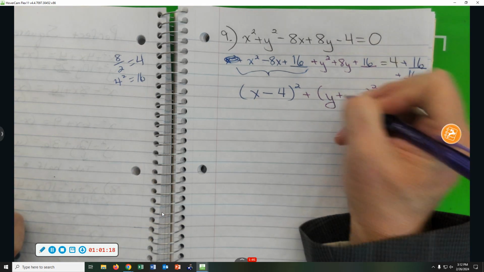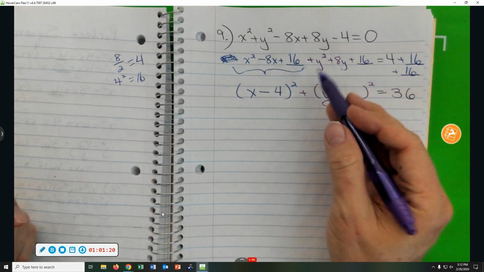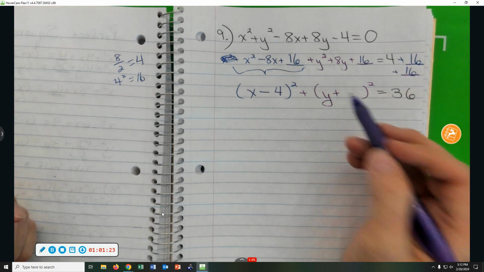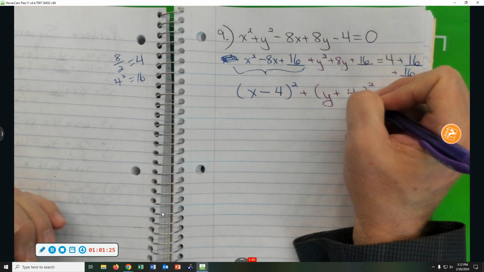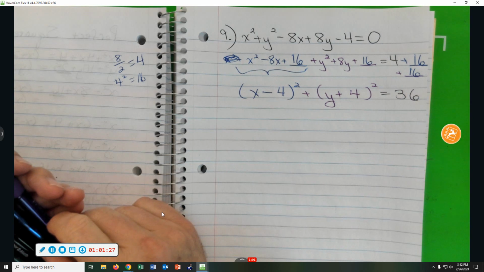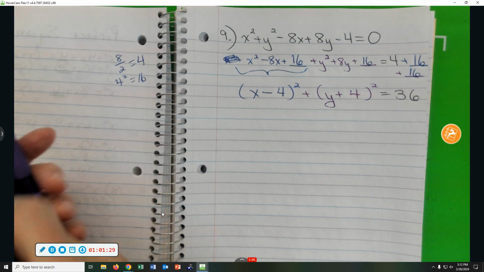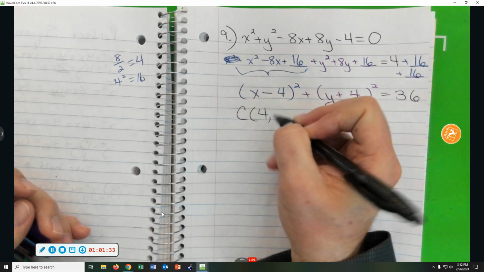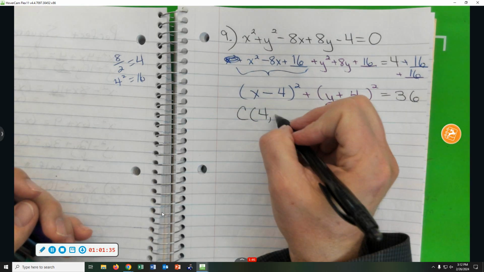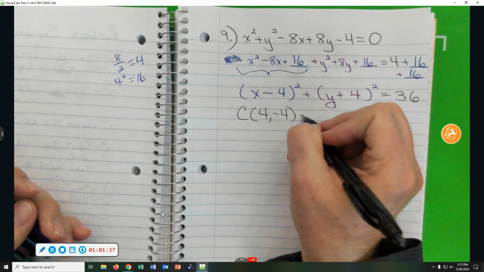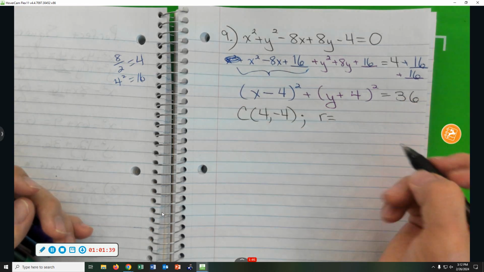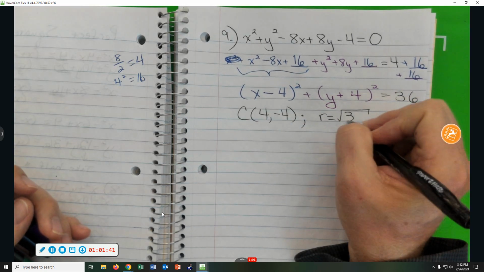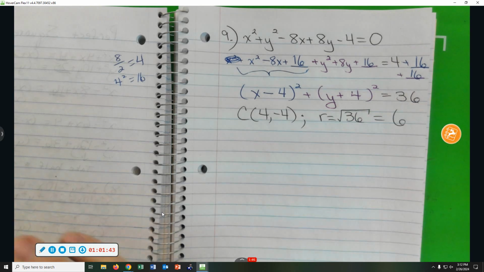Y plus variable, sign, another 4. Half of 8 is still 4. What's the center? Okay. Change sign, change sign. What's the radius? You take the square root of 36, which is 6.